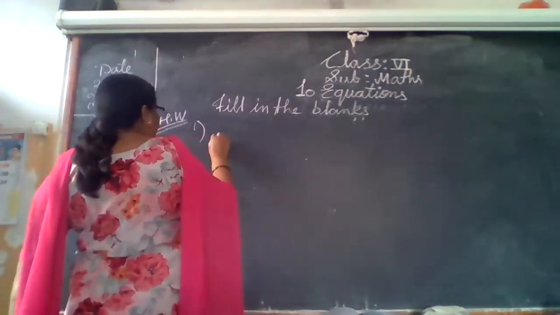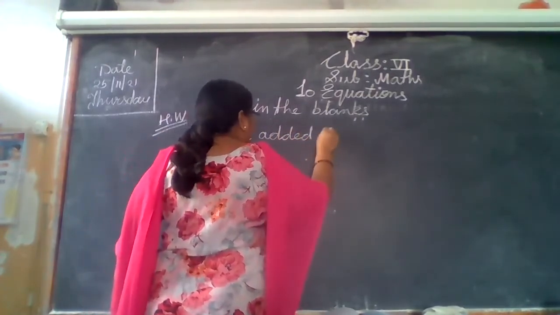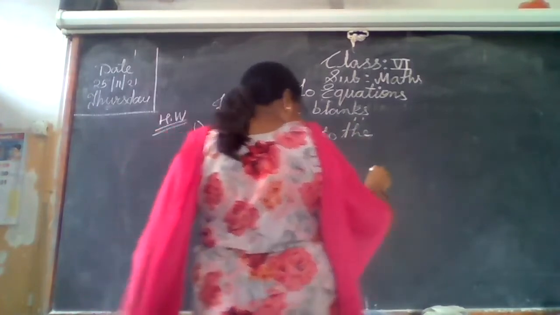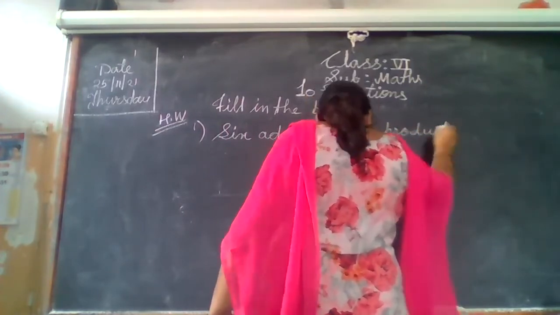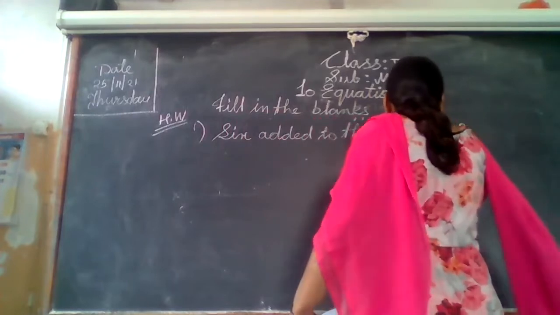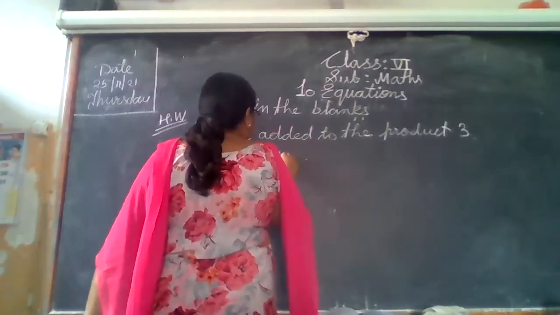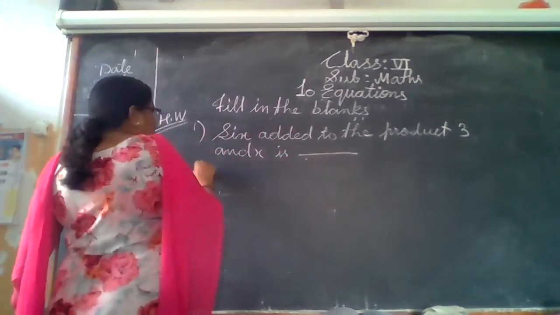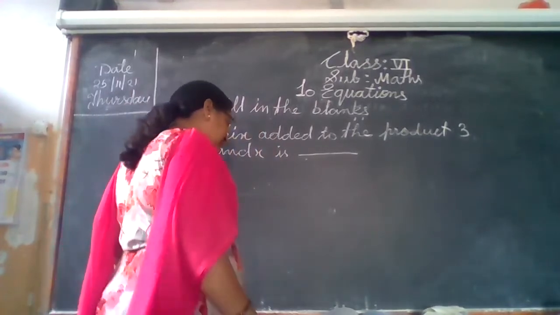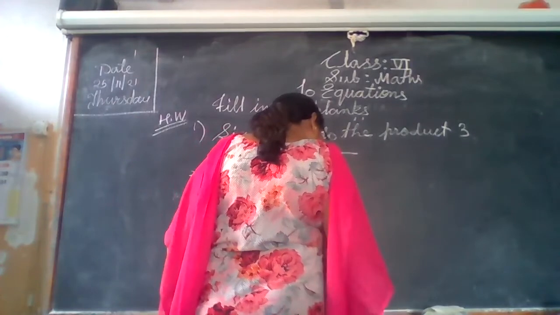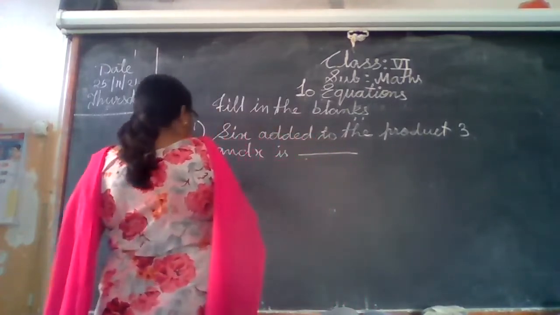Here you have to write the algebraic expression. 6 added to the product of 3 and x.